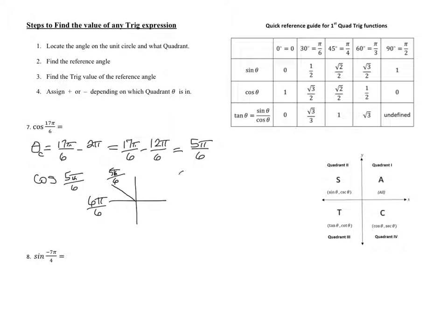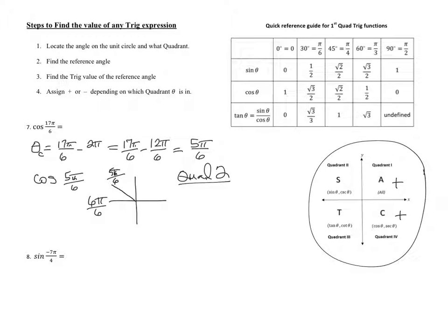So we're looking at cosine. If we come over to our chart here, we know cosine is positive in quadrant 1 and quadrant 4. Therefore, in quadrant 2, our cosine is negative. Okay, and what is our reference angle? Since everything's over 6, our reference angle is pi over 6.